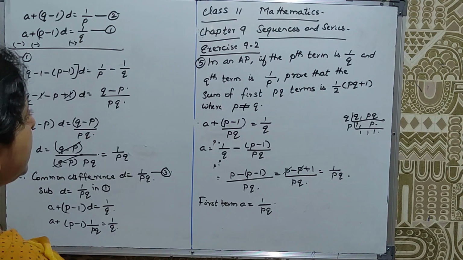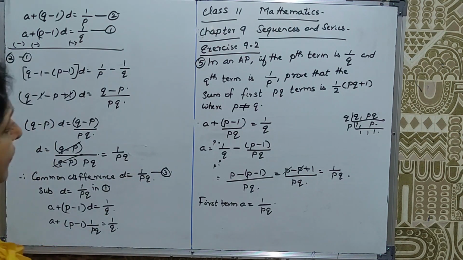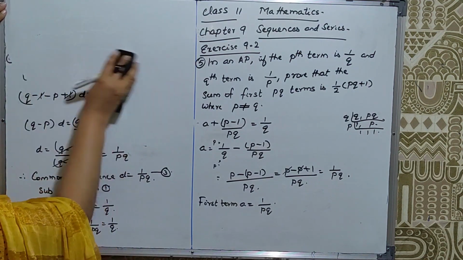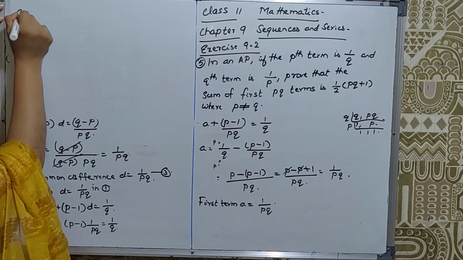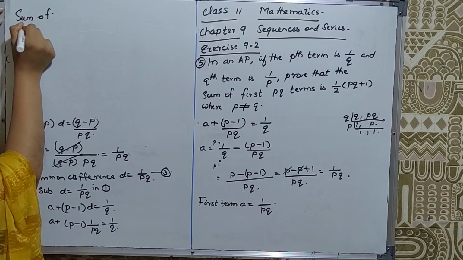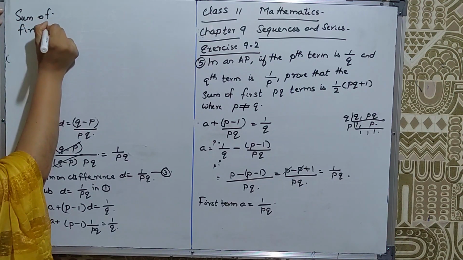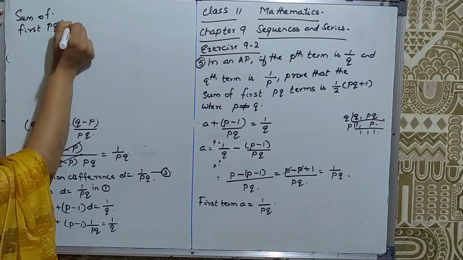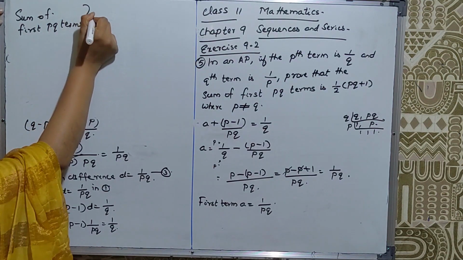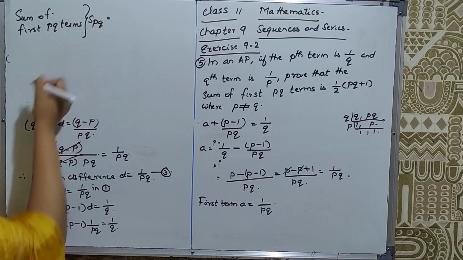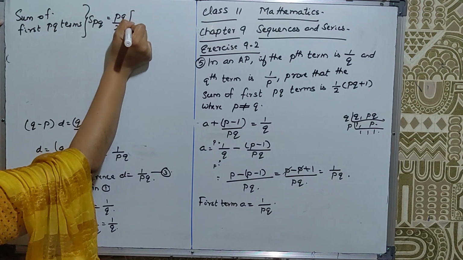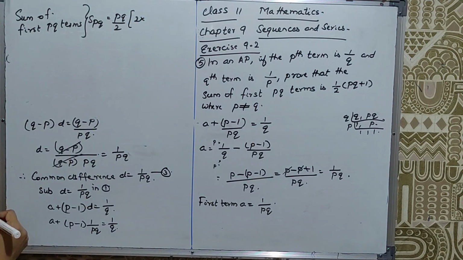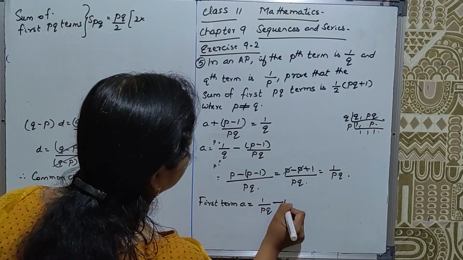You got the first term and the common difference. Now you want to find out the sum of first pq terms. So the sum of first pq terms will be equal to Sn. We wrote the formula at first, so directly I will go to the sum of first pq terms: pq by 2, that is n by 2, into 2a plus n minus 1 into d. 2 into a, a is how much? 1 by pq.